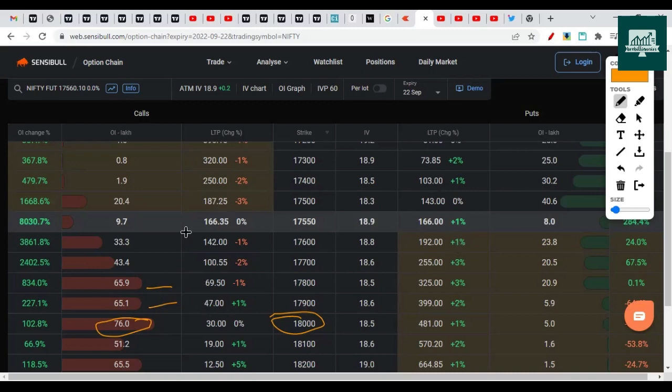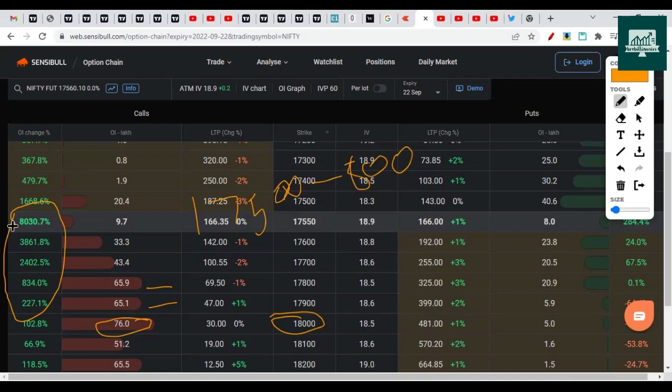So the range definitely looks to be 17,500 to 800 for me, because these are the second major supports and resistances based on the option chain. It could trade between these and break on the downside, considering this huge addition of call open interest. So the momentum should be there and it should not cross 17,675. That's what we are assuming for the next few days.